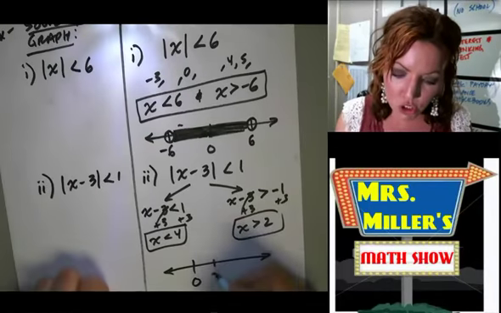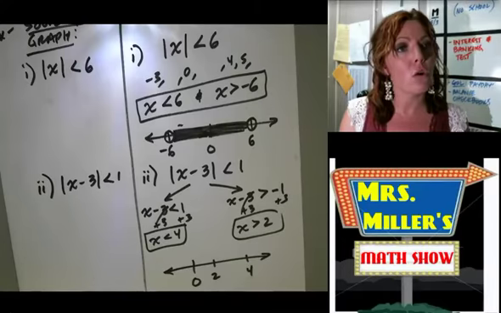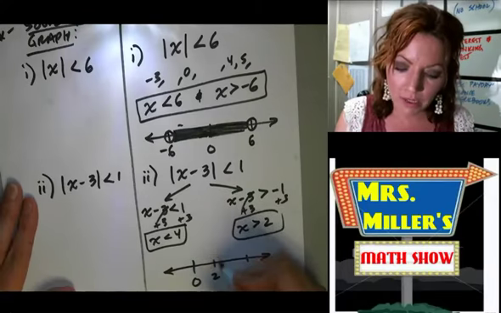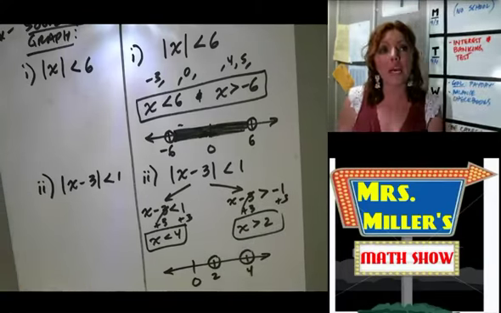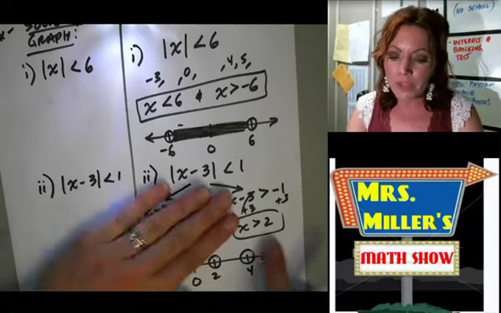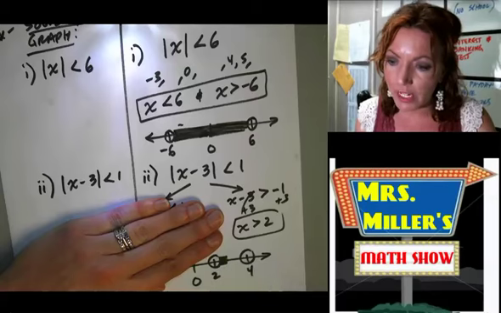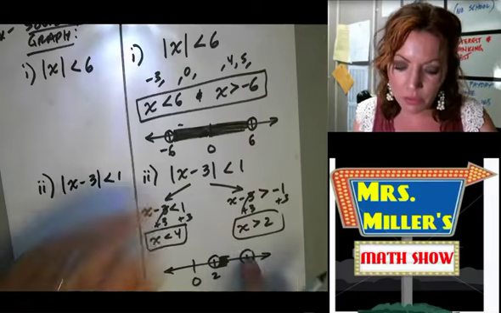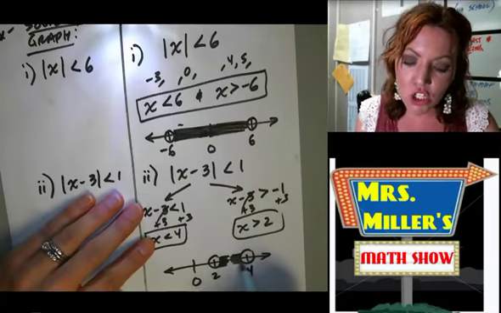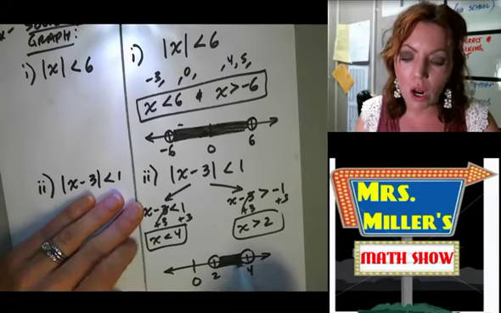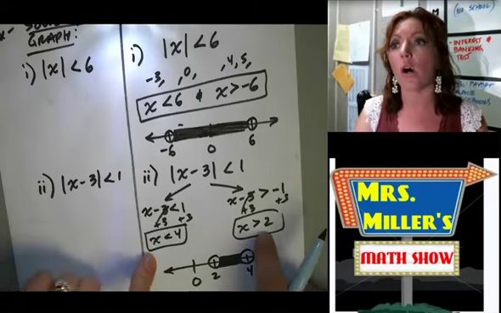We have a positive 2 and a positive 4. Open or closed? Open. Another way to tell which region you shade in: if we're looking for numbers that are greater than 2, that's to the right of 2, so over here. And if we're looking for numbers that are also less than 4, looking at the individual inequalities will show you whether you're shading in between or not.